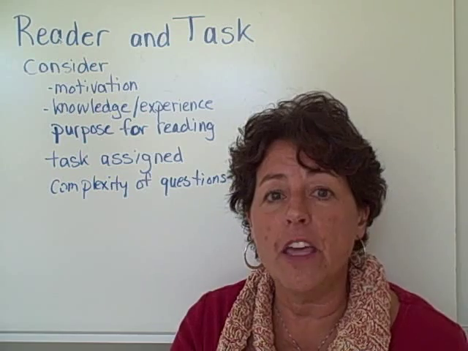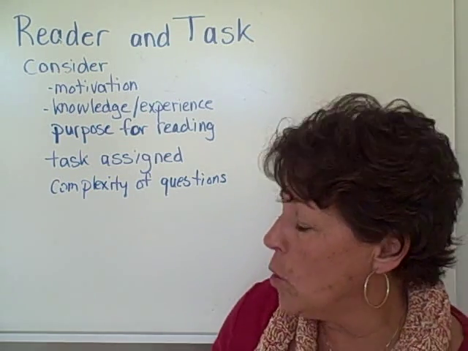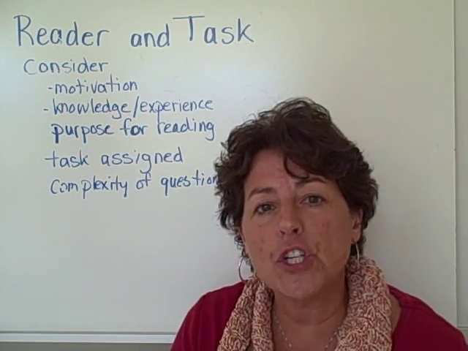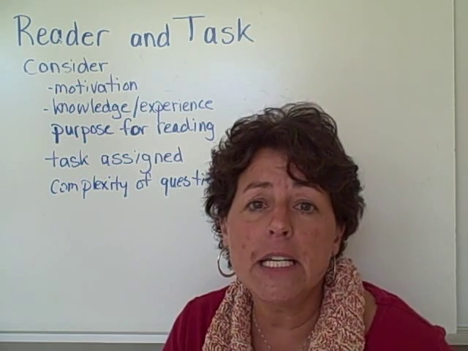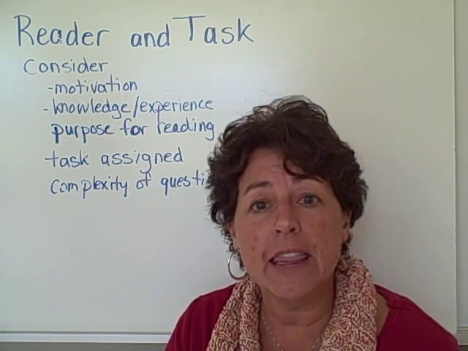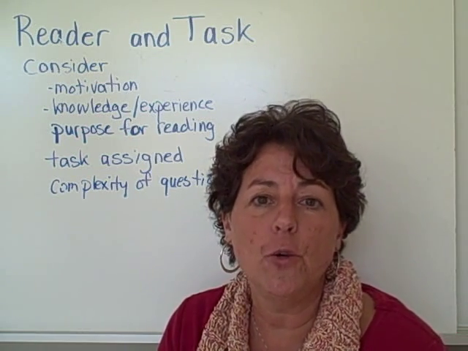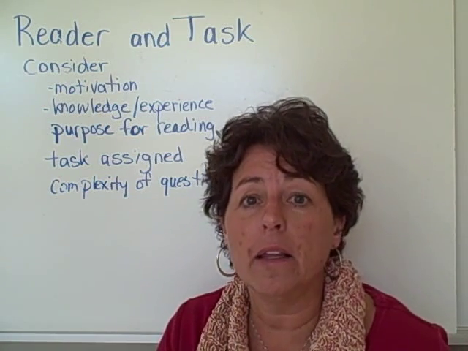Then we take the other part of text complexity, which is the qualitative. The qualitative looks at structure, organization, what prior knowledge is needed, and those kinds of things, using that rubric. When that rubric is applied to To Kill a Mockingbird, it comes out on the 9th, 10th grade level.